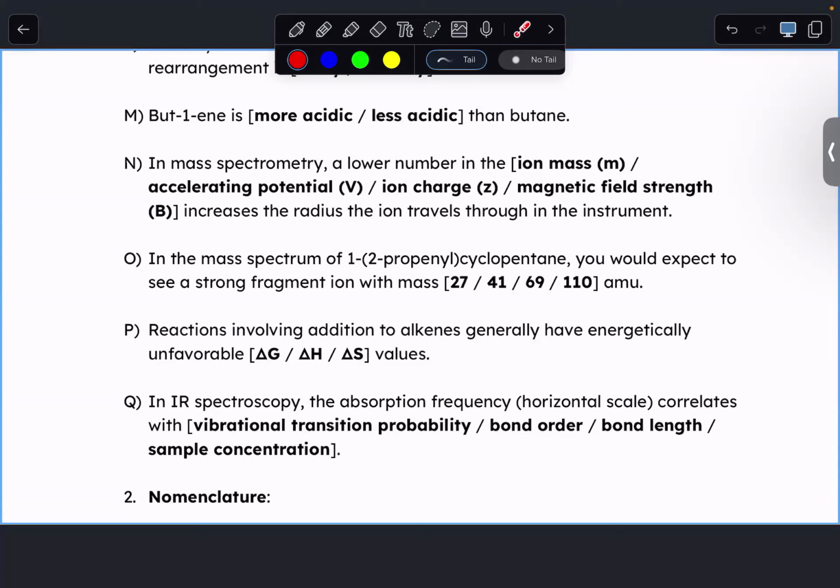Beta is relative to the stable carbon. The alpha carbon is going to be that first carbon right there, and we cleave the bond after the beta carbon, in reference to whatever carbon has the stable group.